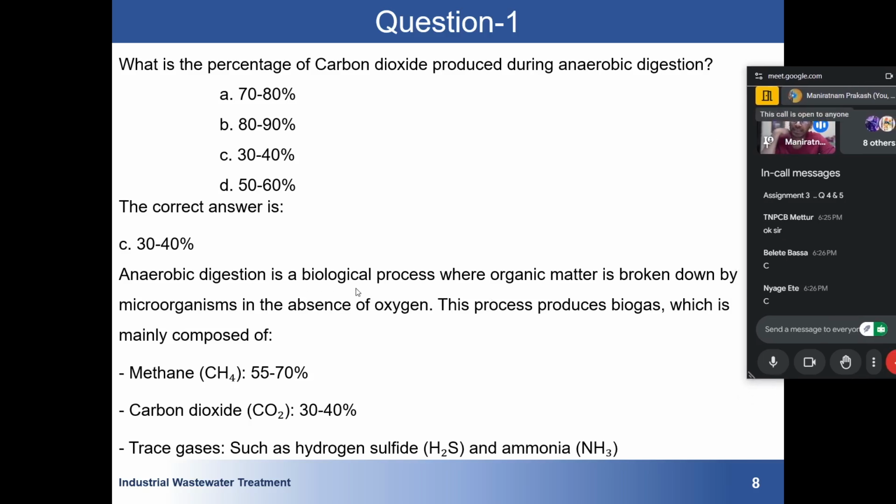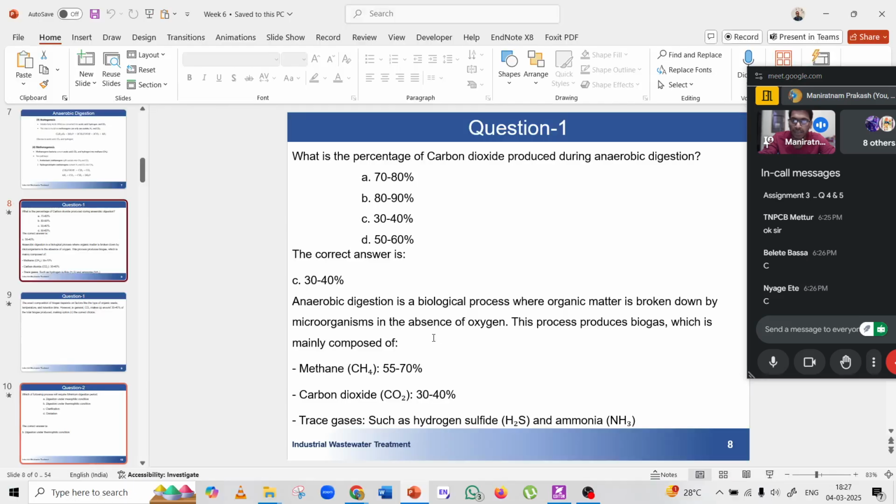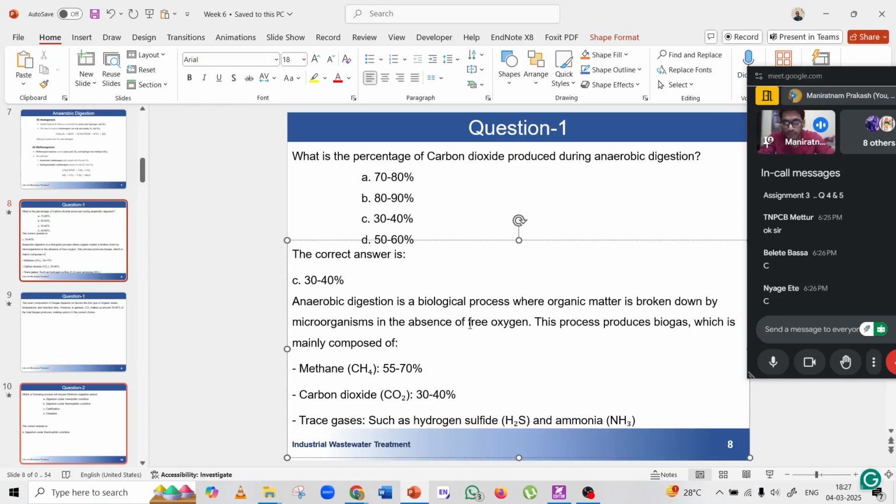Anaerobic digestion is a biological process where organic matter is broken down by microorganisms in the absence of oxygen. Here it is written absence of oxygen, but somewhere you will find this definition as incorrect. It is written in absence of free oxygen. When we talk about aerobic and anaerobic, aerobic is in presence of free oxygen, and anaerobic means in absence of free oxygen.